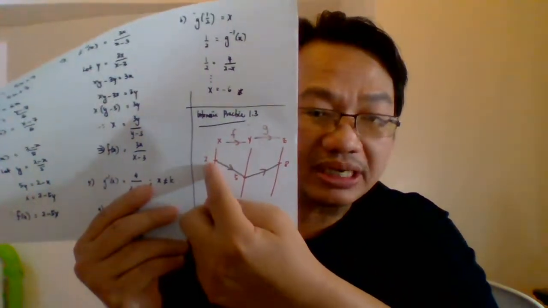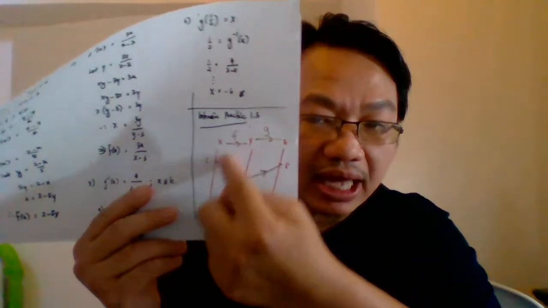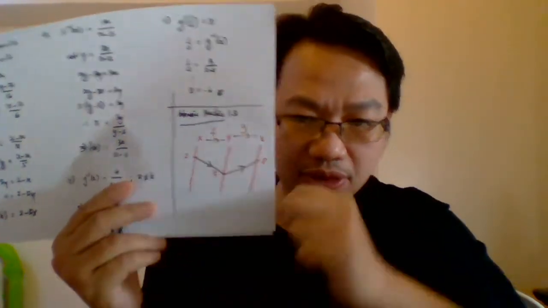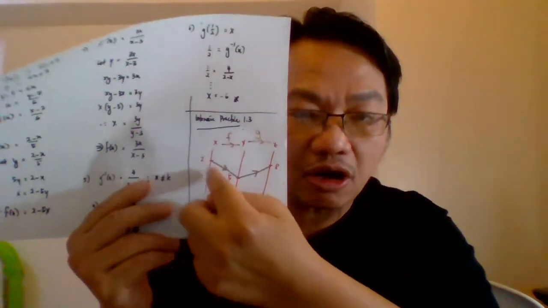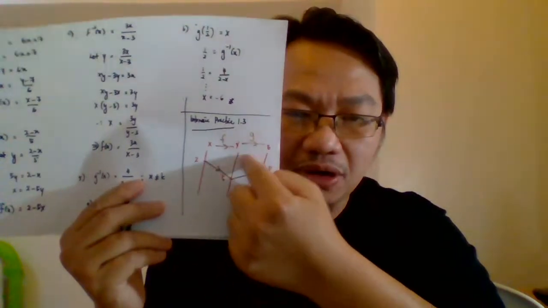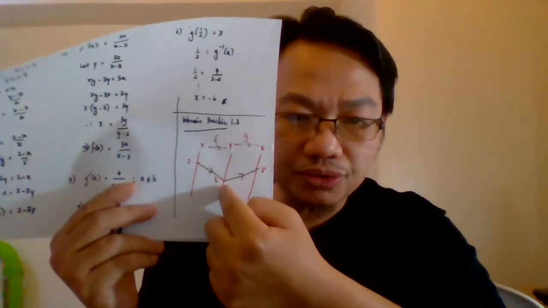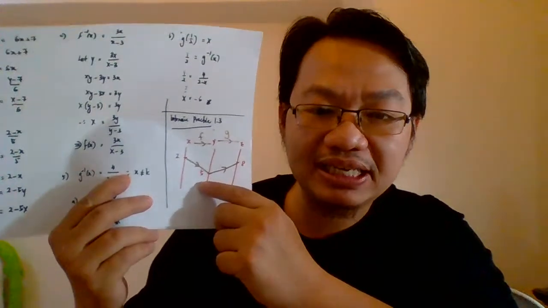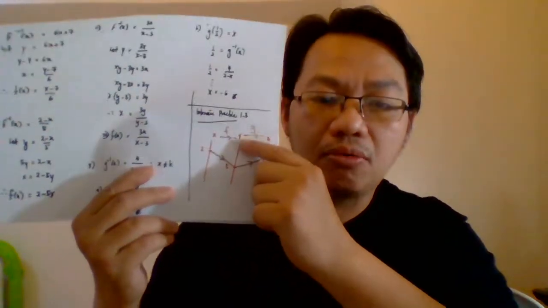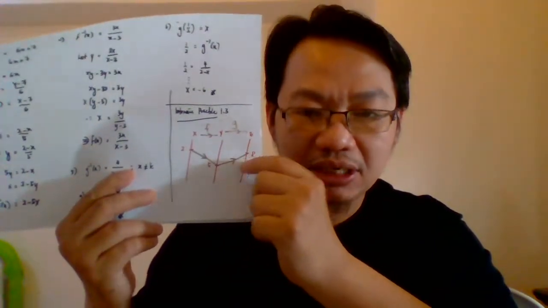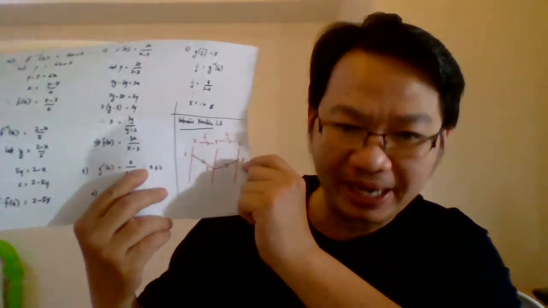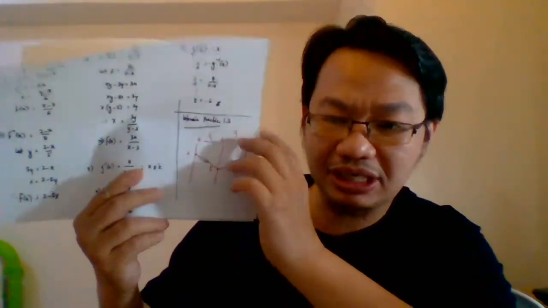That means 2 is the object of f, and 5 becomes the image of 2. Now for this side, 5 is the object of g, so the image of 5 for the function g is equal to 8. That is the definition of the arrow here.